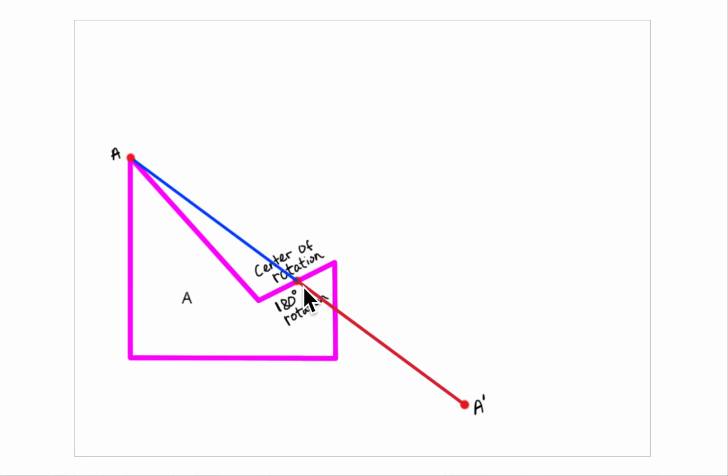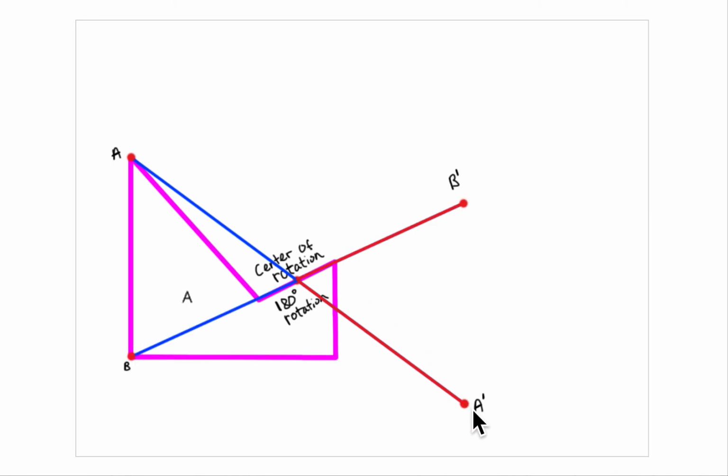So if this is the center of rotation, I can connect each corresponding point, draw a line through the center of rotation. It's because it's a 180 degree rotation that it works this way. I'm going to draw a line through the center of rotation and an equal distance on the other side. Draw a line through the center of rotation and an equal distance on the other side.